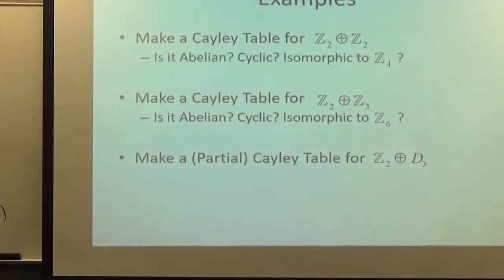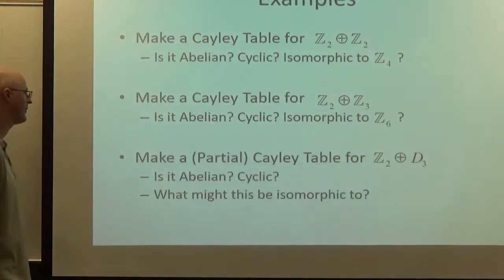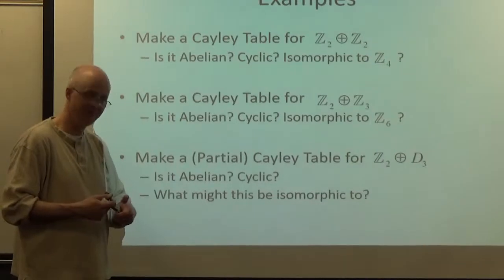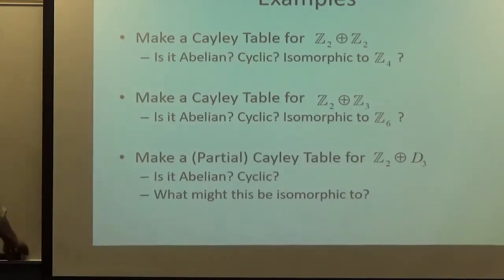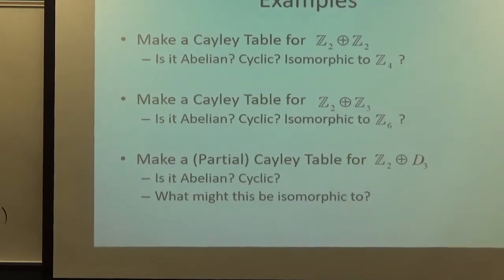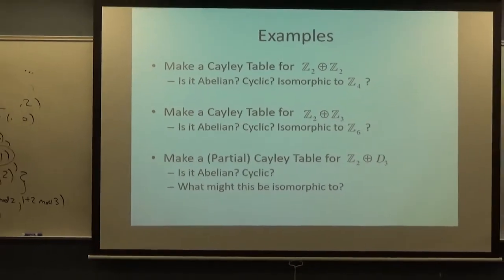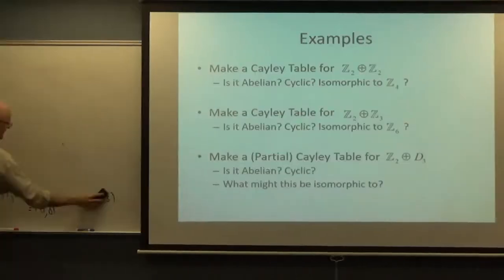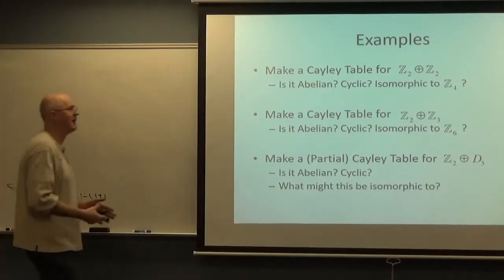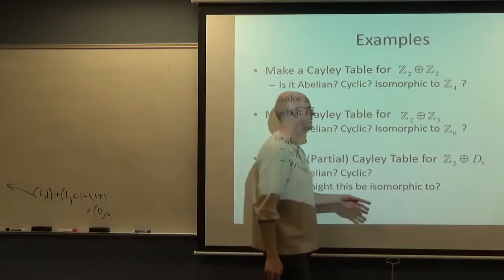Could we do something like this and ask the same questions? Okay, even a partial Cayley table would take too long. By partial, when I wrote that, I was thinking maybe doing 2 or 3 products. Let's just do 1 product, okay? Well, first of all, how many elements are in this group?